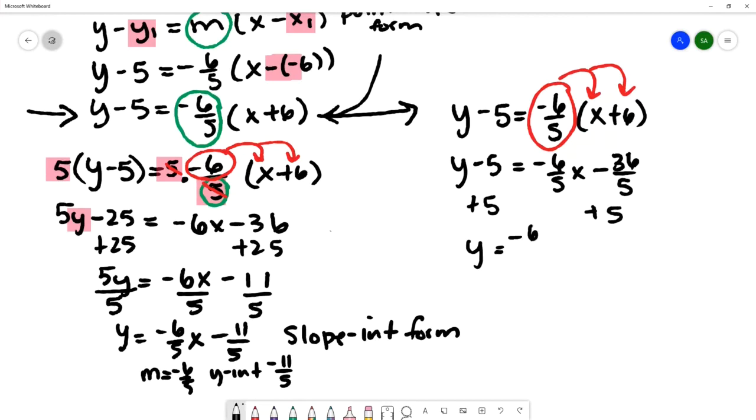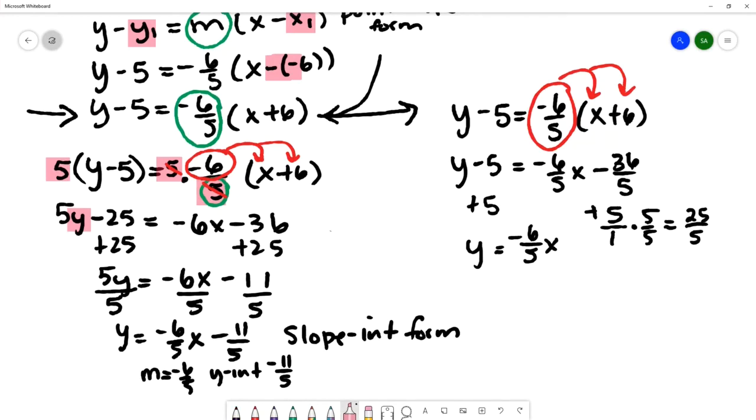And that gives negative 6/5 x. In order to add negative 36/5 plus 5, we have to have a common denominator. So we'll write 5 as 5/1, and I want a common denominator of 5, so I'll multiply by 5/5. That changes 5 to 25/5.